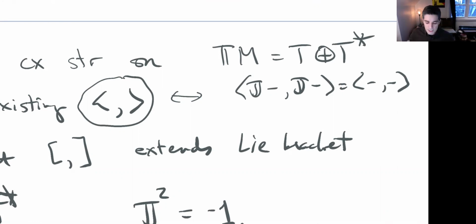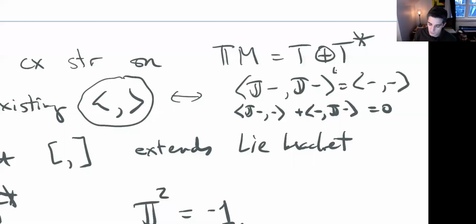Or maybe it means that it's a Lie algebra element, J plus J transpose is equal to 0. So this is the Lie group version, and this is the Lie algebra version. So which one is it?